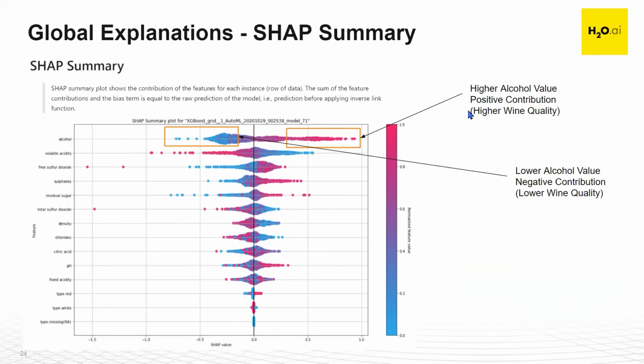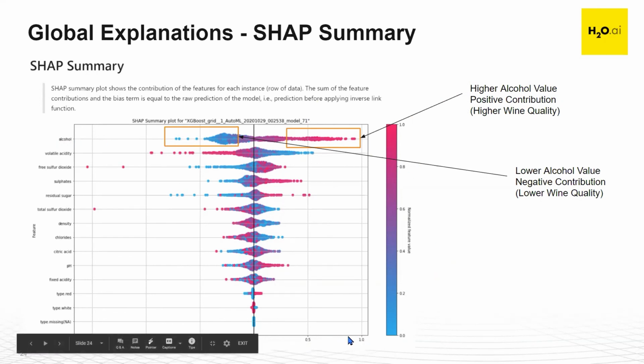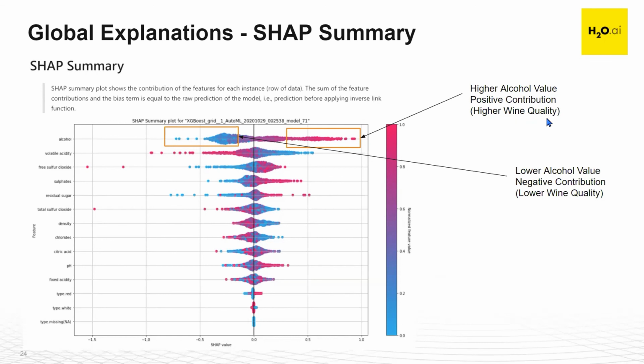That means when you have a high value of alcohol, they have positive contributions to the prediction. So they are more likely to contribute to higher wine quality, because this is the end target. When the value is higher, it means better wine quality.